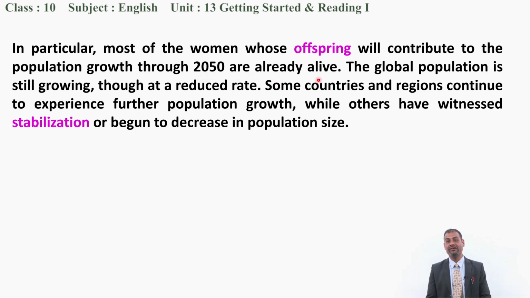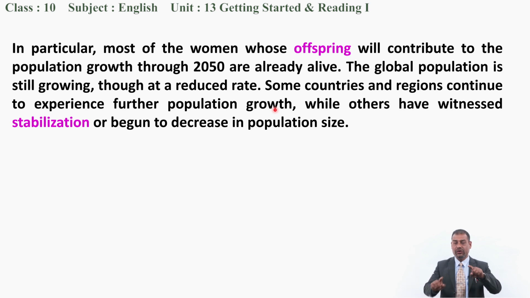And they will be already alive. And then what will happen? The global population is still growing, so the trend of population will be growing. And previously, in our previous text, you got the data by 2050. Then, some countries and regions continue to experience further population growth.